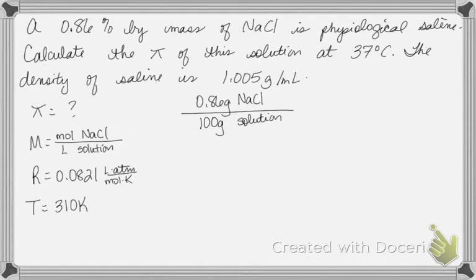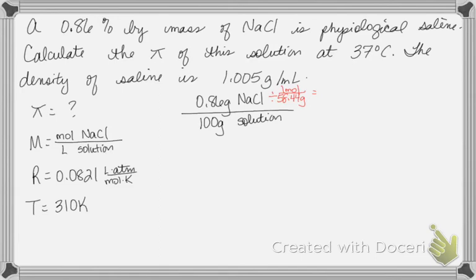So 0.86 grams. I'm going to convert that to moles. Molar mass of sodium chloride is 58.44. So I'm going to divide this by 58.44 because that's how many grams are in a mole.